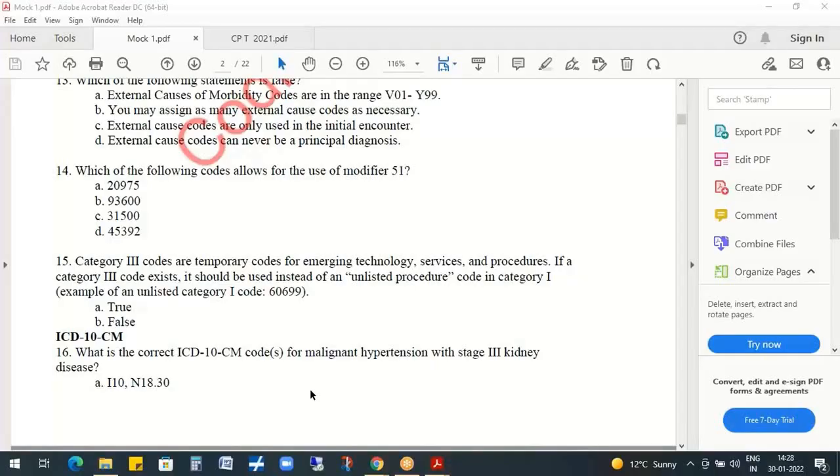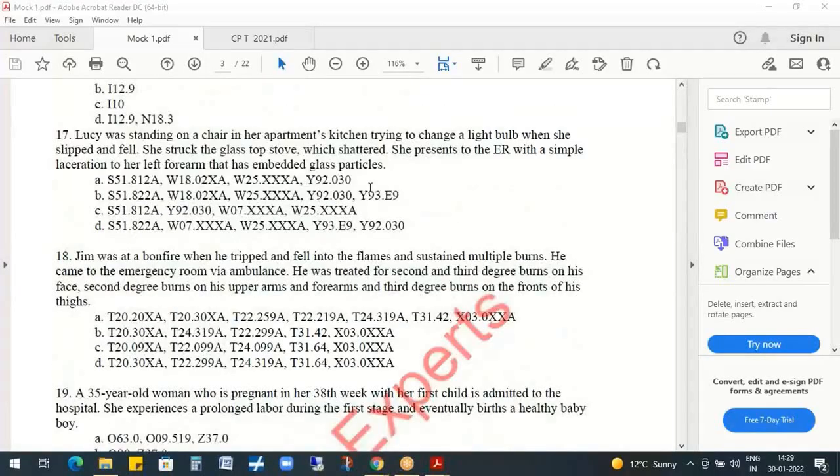Understood? Category 1, category 2, category 3. There are 3 types of categories. If you are not finding any code from category 1, we can code from category 3. Okay, sir.